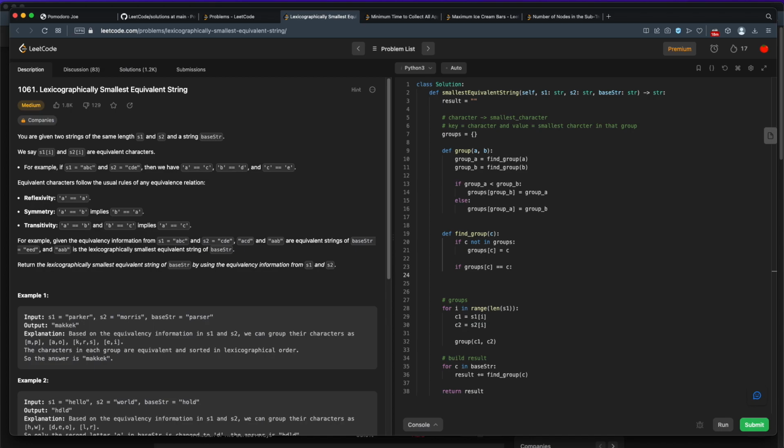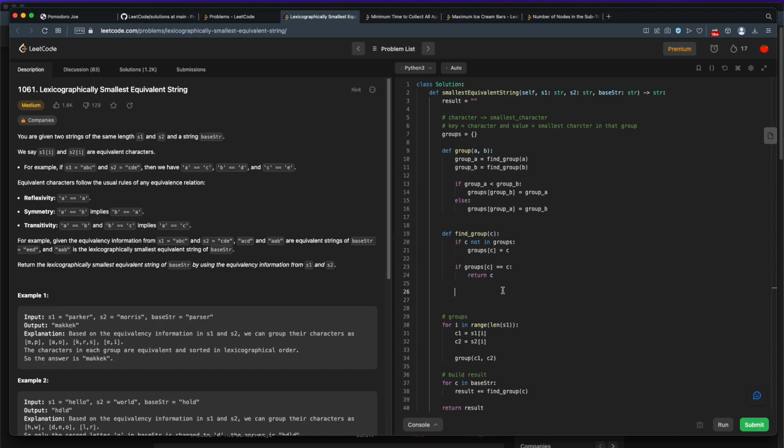Basically, this character is the smallest character in the group because it's not only in the group, but it's also the identifier for the group. Well, at that point, we can just return this group. We can say, yeah, we found the right group. So find group is going to return the group for this character.